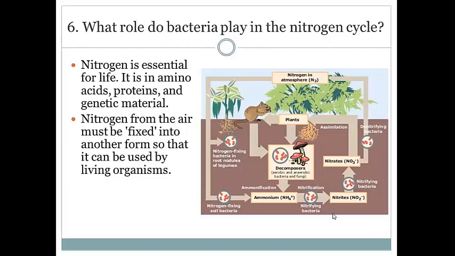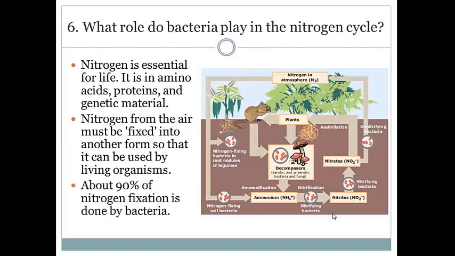Nitrogen, as it exists in the atmosphere, is not something that organisms can use and access. This process is called nitrogen fixation, and about 90% of it is done by bacteria in the soil. This is essential because without these bacteria, none of that nitrogen needed for amino acids and proteins would be available to any of these organisms.